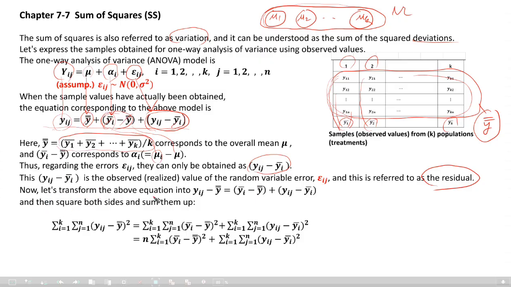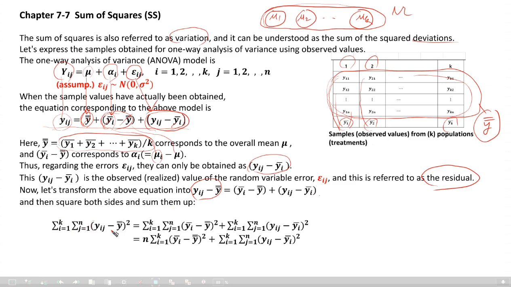Let's transform the above equation. Just move this term to the left: yij minus y double bar equals yi bar minus y double bar plus yij minus yi bar. And then square both sides and sum them up.